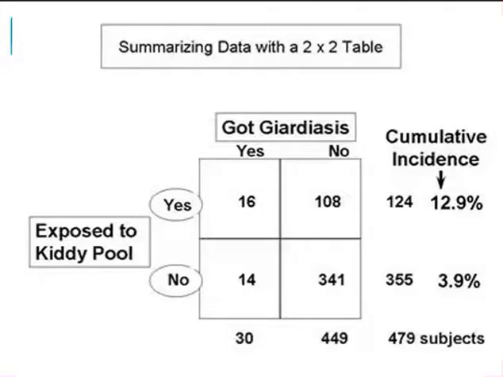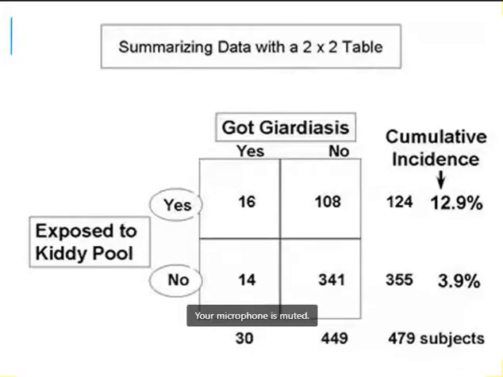As you can see here, 16 children out of a total of 124 children who swam in the pool got giardiasis. Now 355 children did not use the pool, but among them 14 children also got giardiasis.